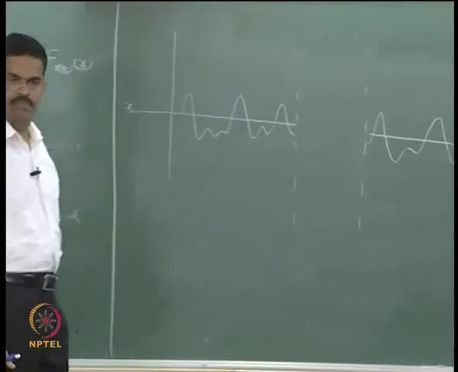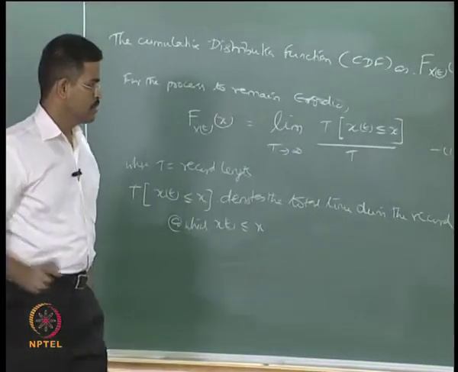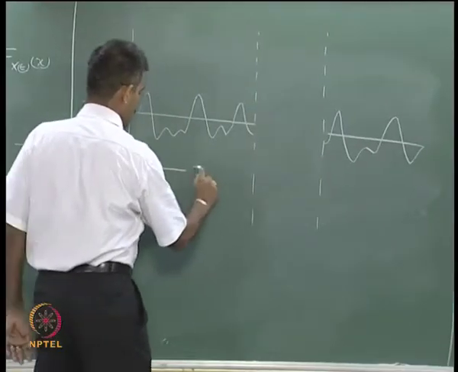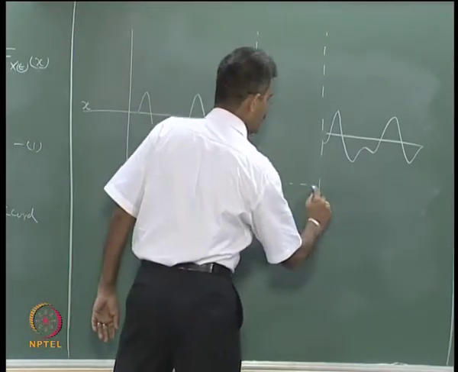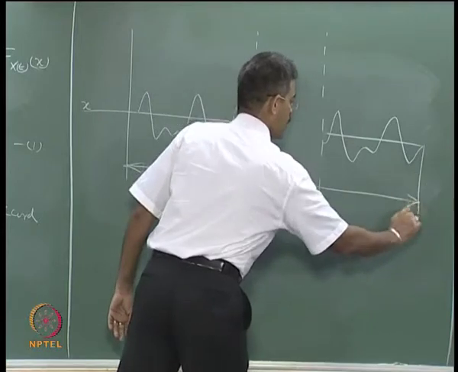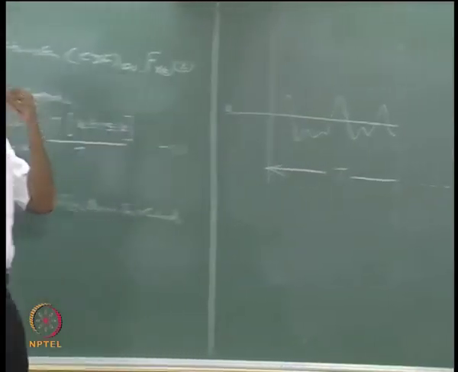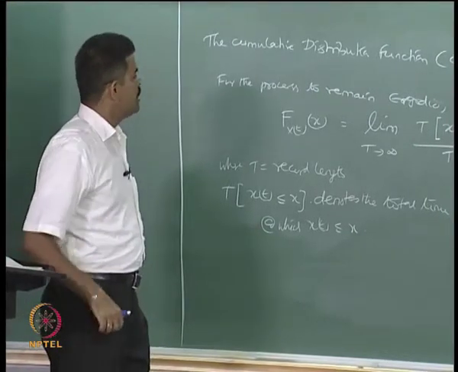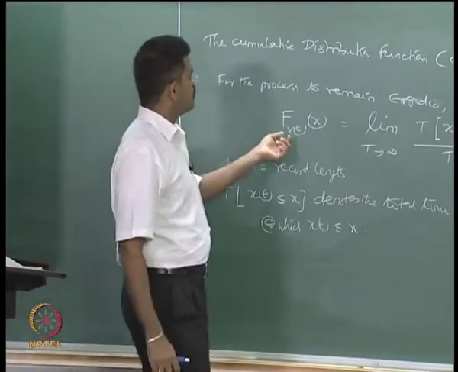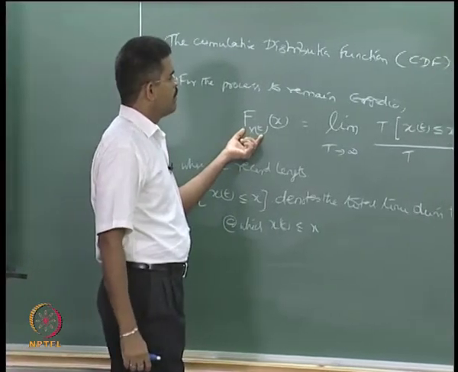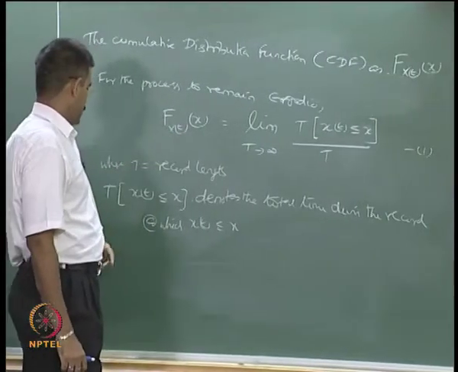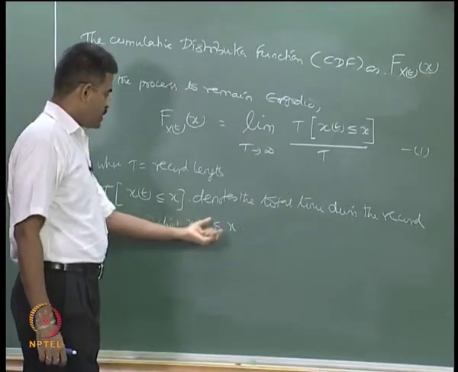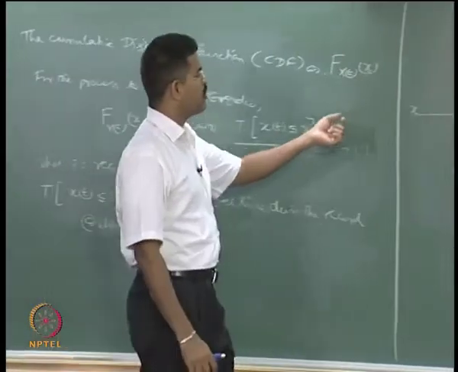This is my record, where this is my t. I said the cumulative distribution function will be given by the value of realization of x which is less than or equal to x. I have a pre-assigned value of x.